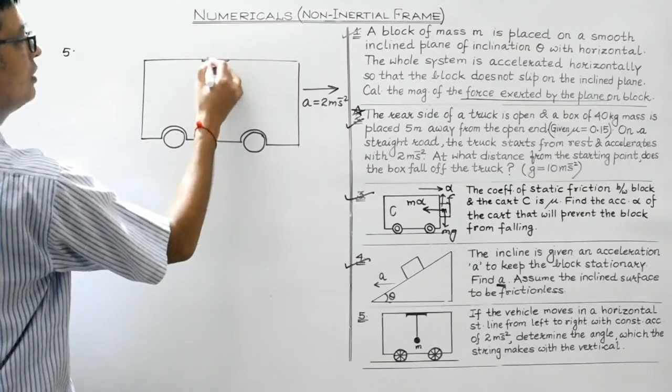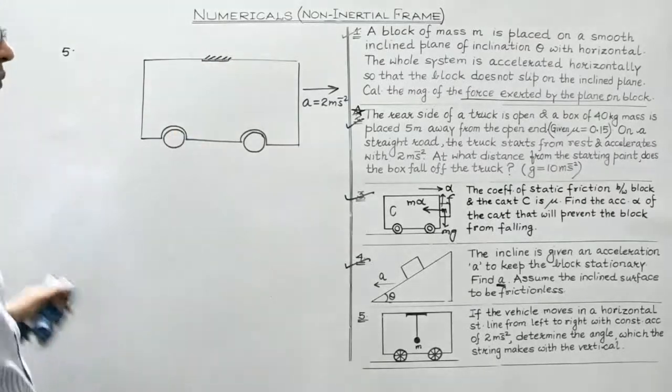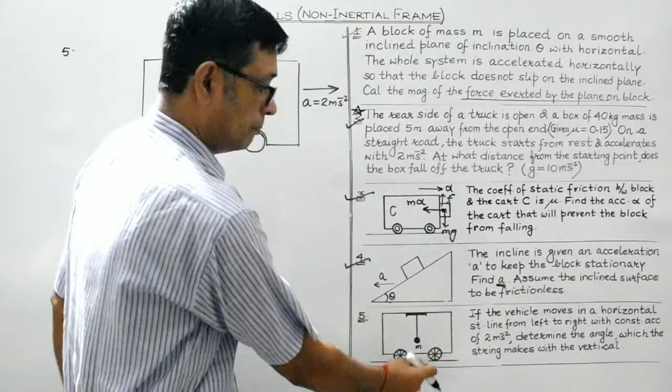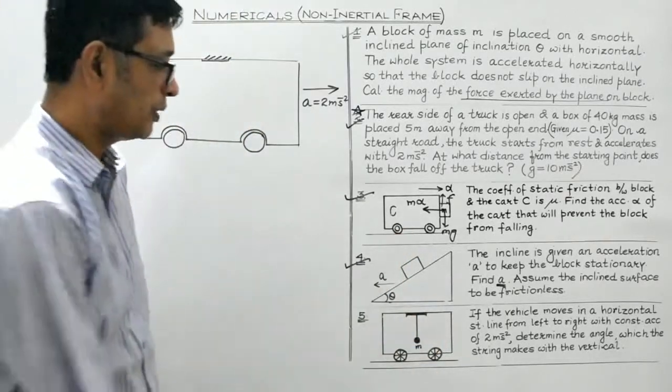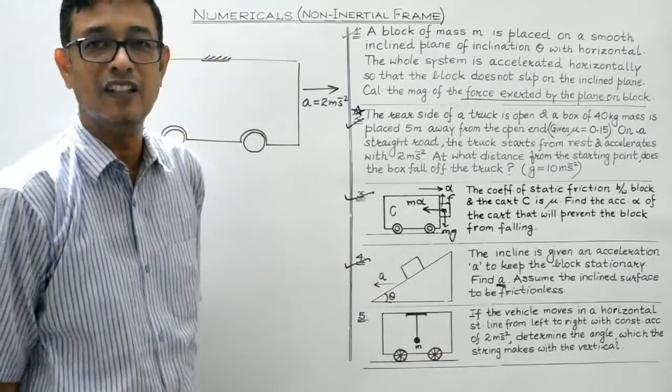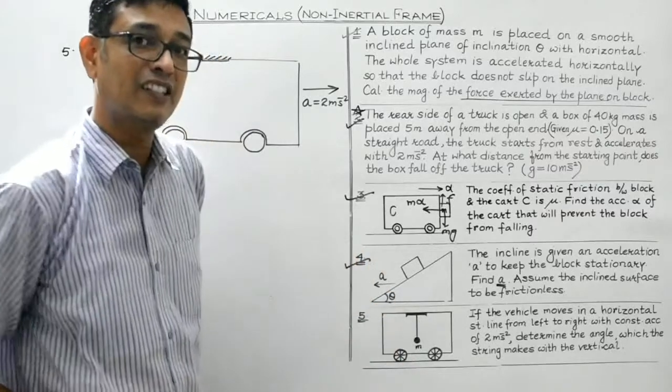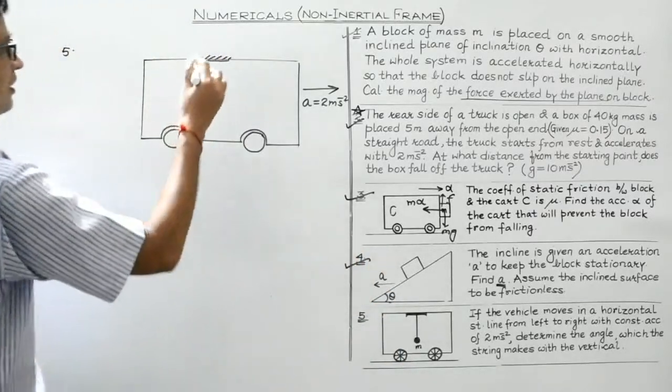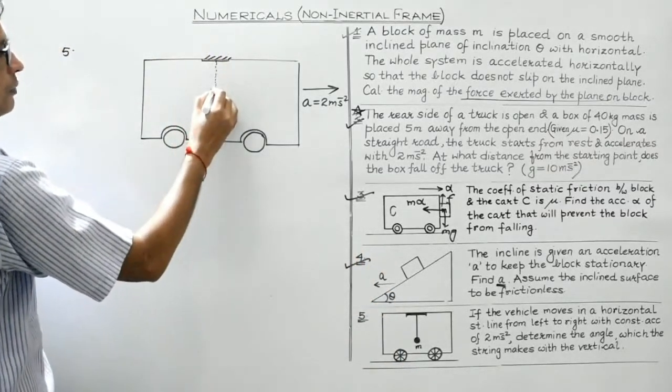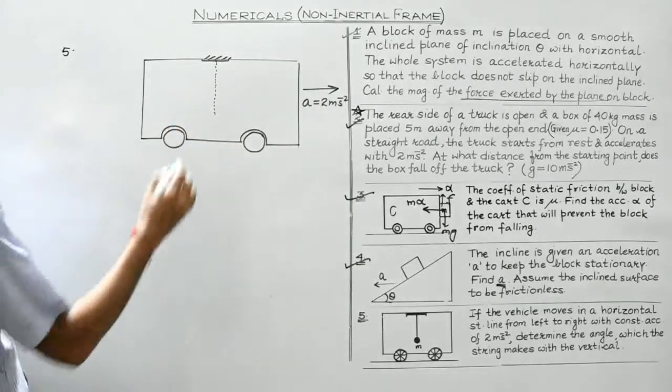Okay, this is where a metallic bob is suspended to the roof of this vehicle with the help of a massless string, right? This is the initial position of the bob.